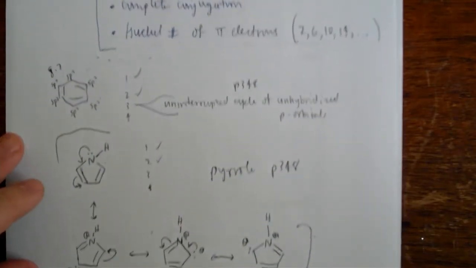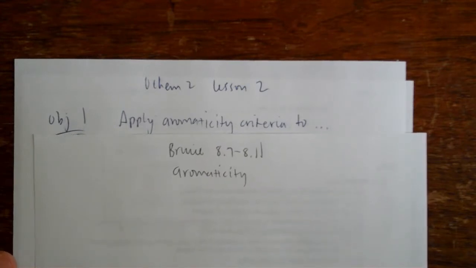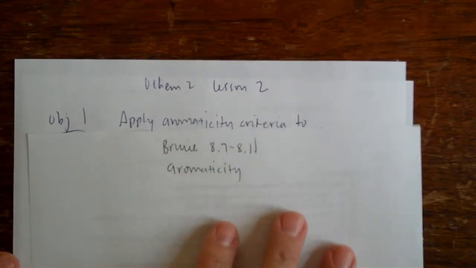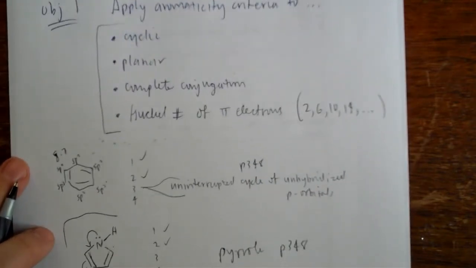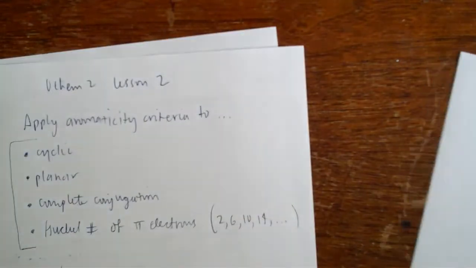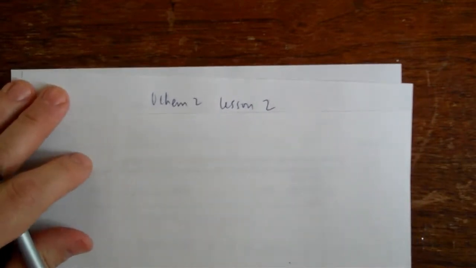Okay? Alright, so what we've just done now is we've applied the aromaticity criteria to benzene and to pyrrole. Let's do it to one more structure and then we'll move on to the second objective. Okay? One more structure.